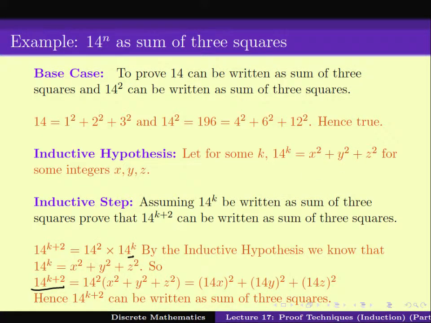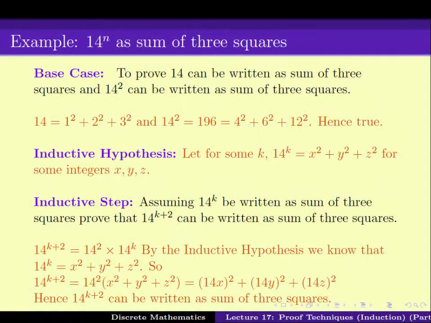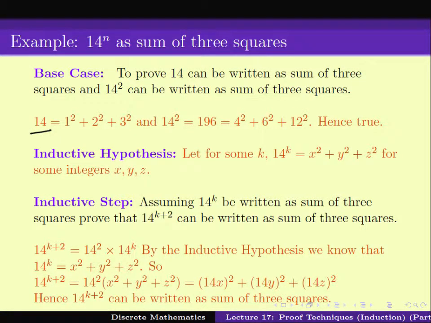Now note that this statement really required the base case to include both of them. If the base case was not both of them, then we could not have covered all the integer points, meaning all the cases, and hence we would not have got it.